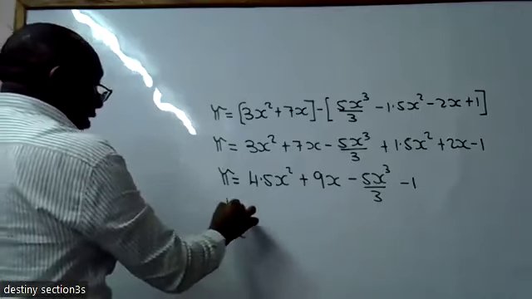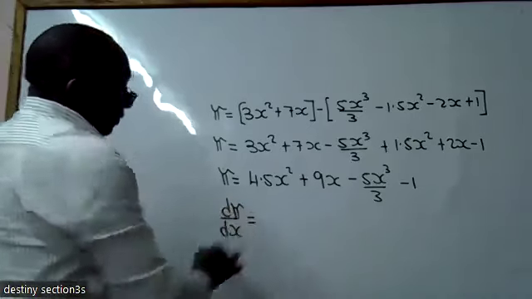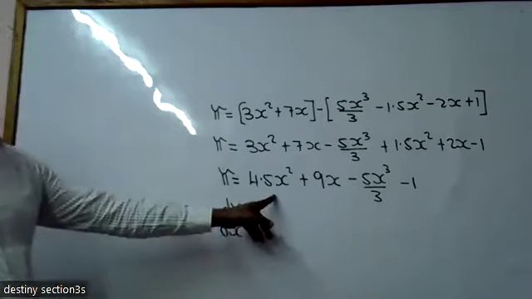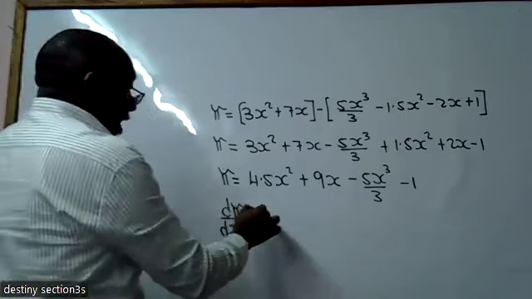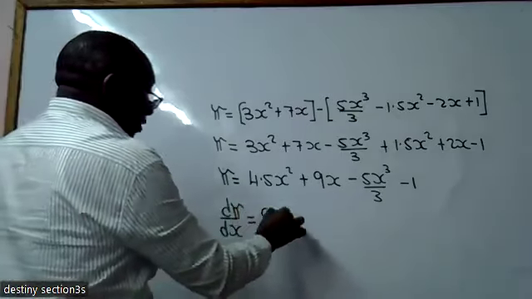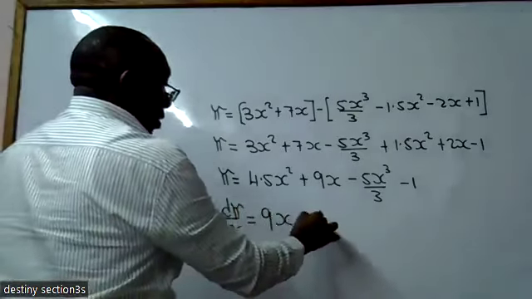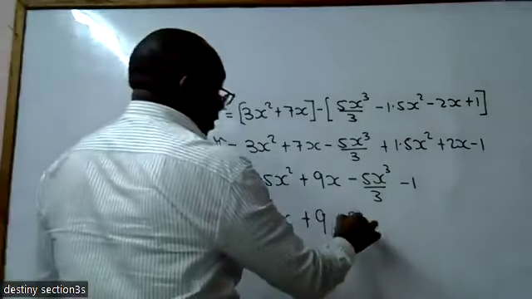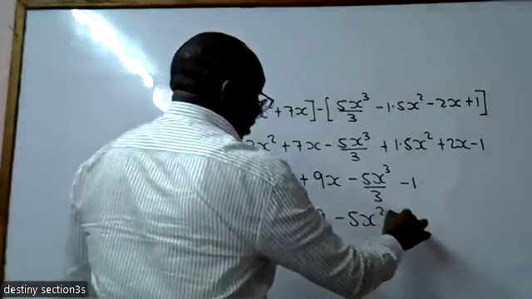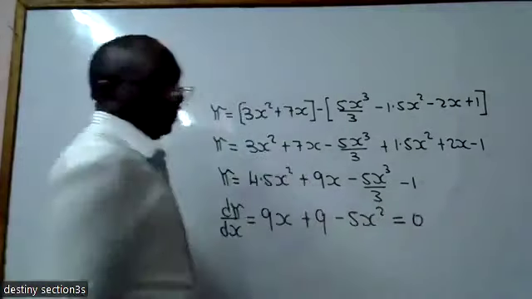So the differential of profit with respect to x, when you differentiate this one, the answer is 9x plus 9 minus 5x squared is equal to 0.